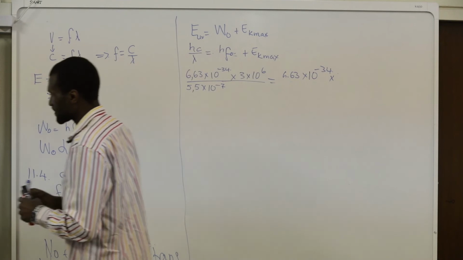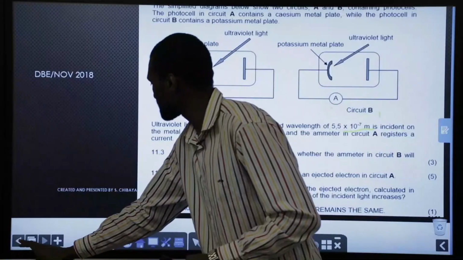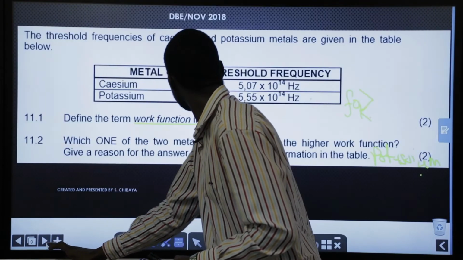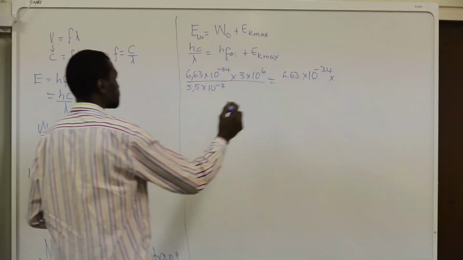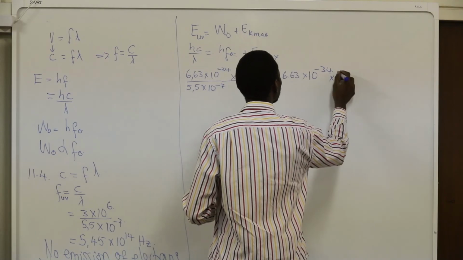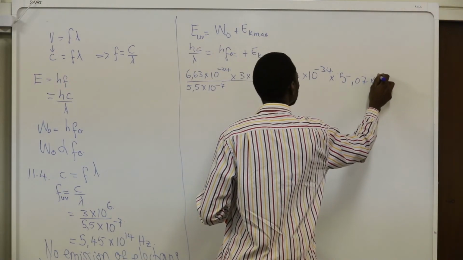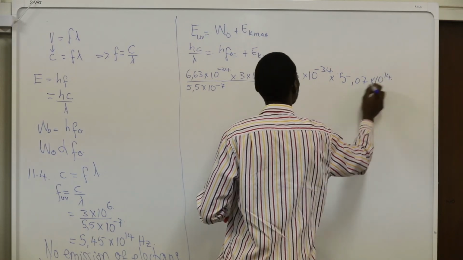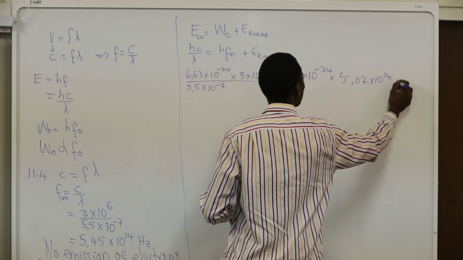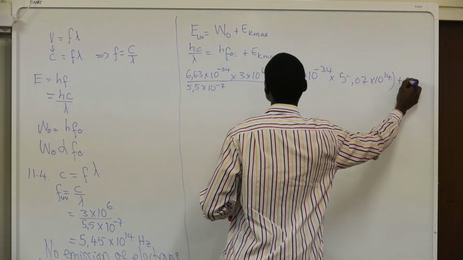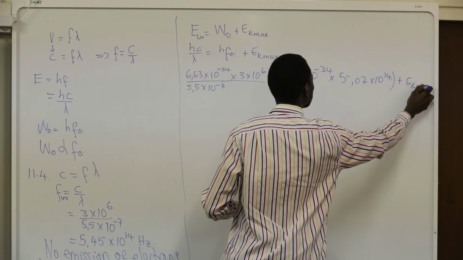Okay? So I think it's the one that we are given in the table there. In the table, right? Yeah, 5,07 times 10 to the power of 14 hertz, right? And then this added to EK max.